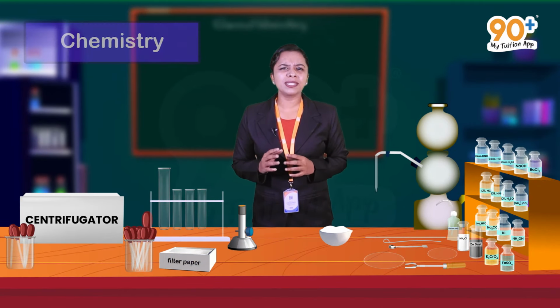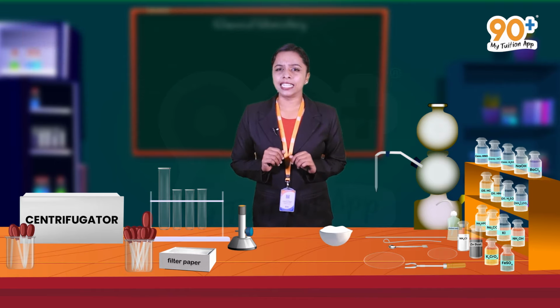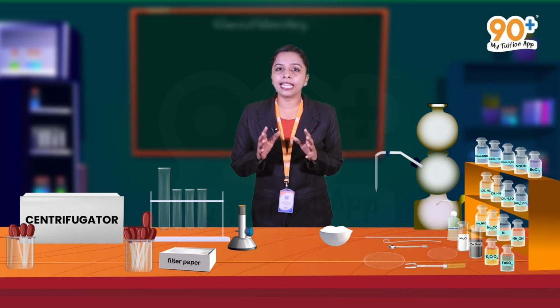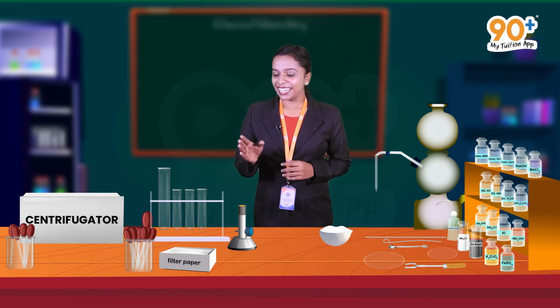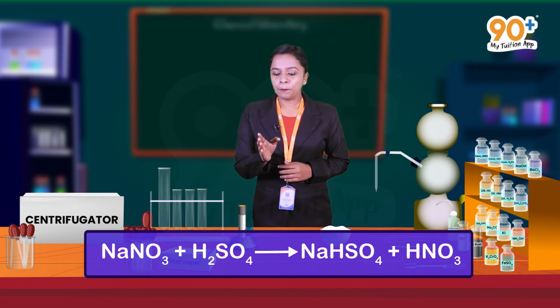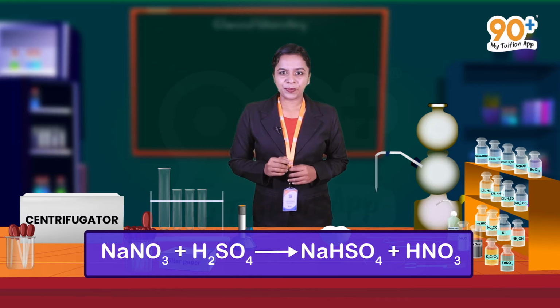Then what about the chemistry behind this reaction? Come, let's see. Here, the nitrate ion present in the given salt reacts with concentrated H2SO4 to form nitric acid. And the chemical equation is NaNO3 + H2SO4 gives NaHSO4 + HNO3.